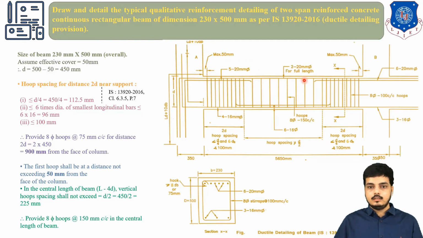At the top, 2 full 20 mm diameter bars are going. Also extra top bars have been provided for flexure over here at the bottom, and at the top for shear for reversal stresses they have provided extra bars.